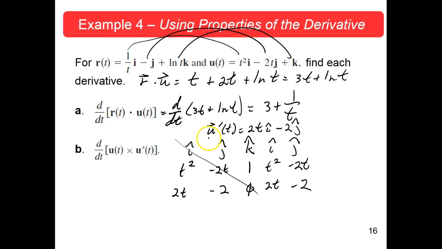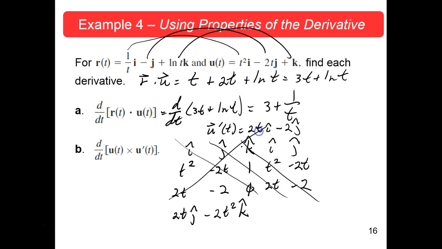So that gives you 0. Let's do down this diagonal. And what do you have? 2t j. Don't forget the j. This gives you a vector. Okay? Then go down that next diagonal, and what do you get? Minus 2t squared k.